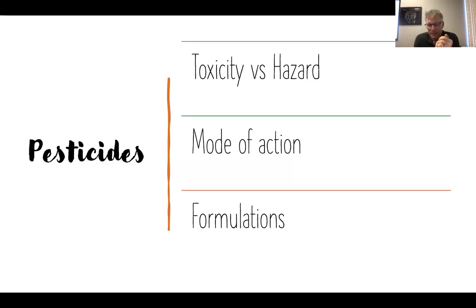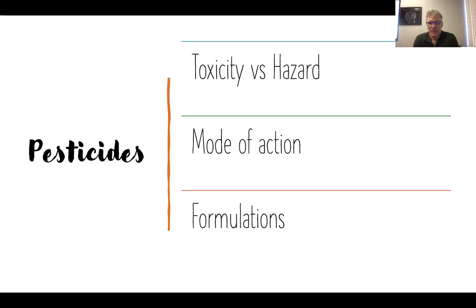And if we're going to be using any kind of chemical or pesticide, we have to be aware of a few things. First off, what is toxicity versus hazard? So by toxicity, we mean the availability of that product to cause harm. So the material itself could be very able to cause harm to the organism.